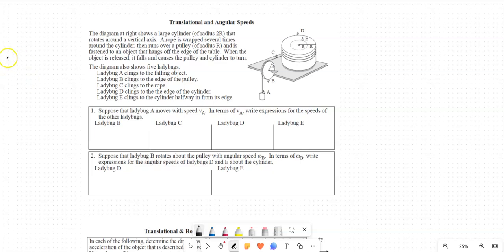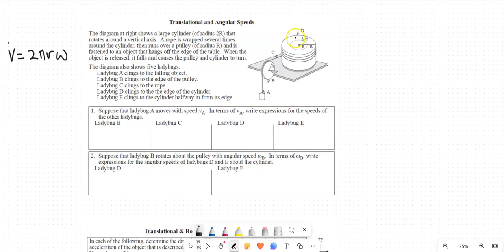The linear velocity of each ladybug is going to be 2 pi r times the omega of that little bug. Omega is how fast a wheel is spinning, and this big wheel spinning is what is determining everything else that is spinning.